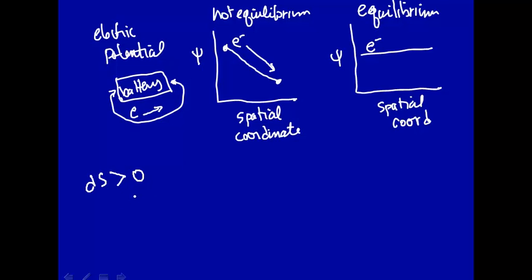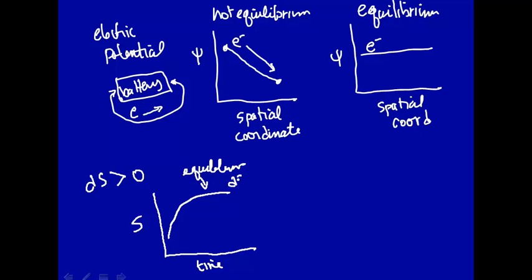Things will keep happening until this criterion is no longer met. Let's look at entropy here, and time here. The entropy will go up and then reach a maximum. So right here, you're at equilibrium.